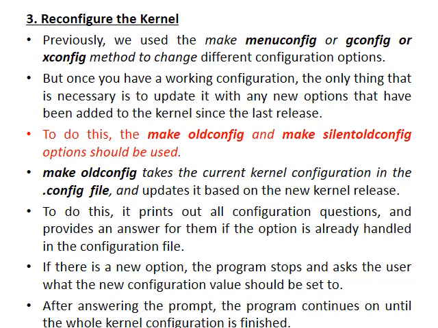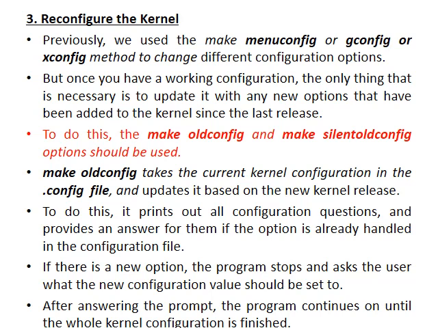As we have already seen, the configuration can be modified with the help of the menuconfig, gconfig or xconfig commands in the previous slide. But if you have already used these commands for creation of the Linux image, further modification cannot be done with the same old command. Rather, you have to use make oldconfig and make silentoldconfig options for modification of the configuration.